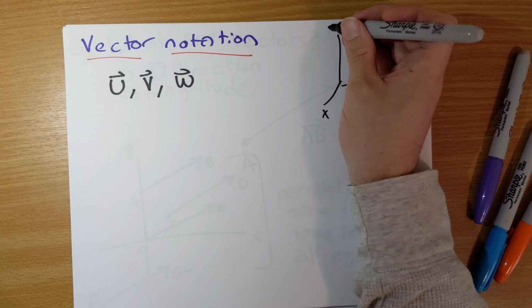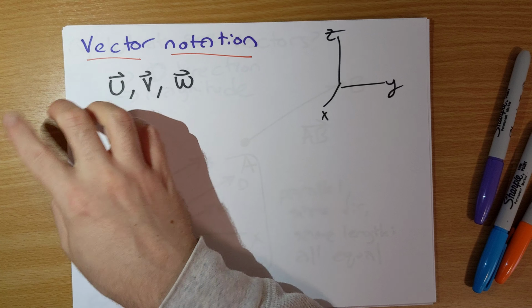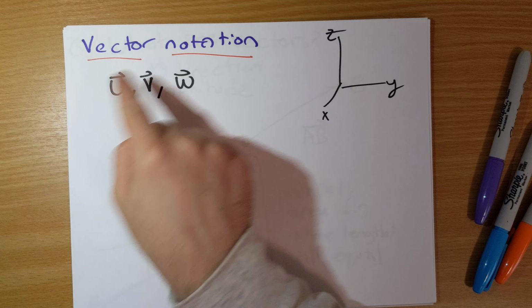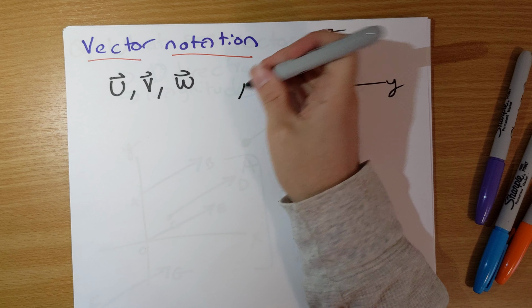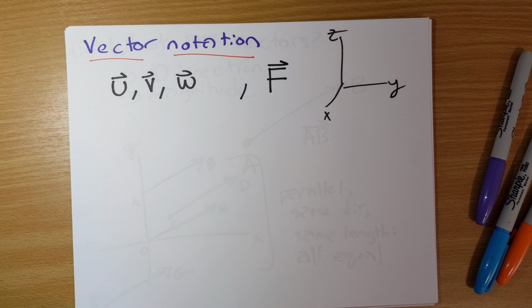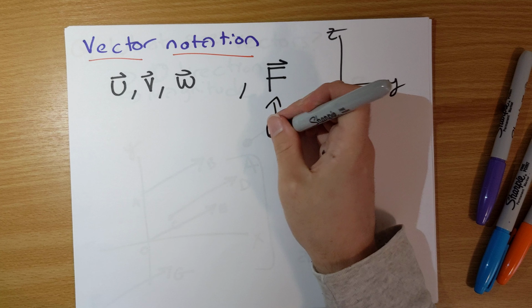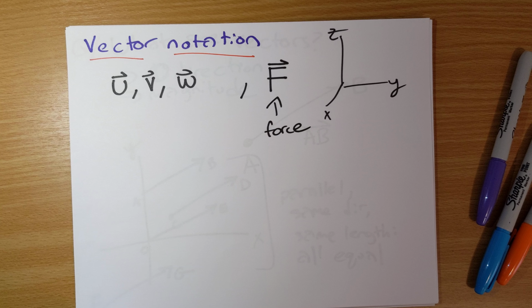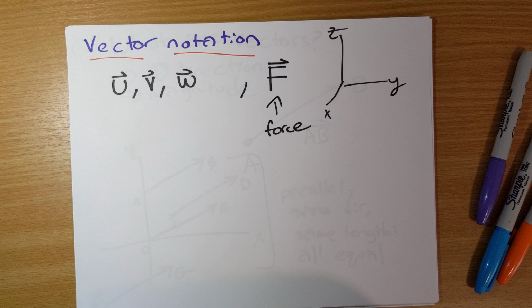And then earlier letters S and T just don't really get used for vectors. So U, V, W are standard letters for vectors. Also, sometimes we'll have questions involving forces, and so we'll have a capital F for a force. Force is a vector quantity. This idea from physics comes up a lot, capital F.